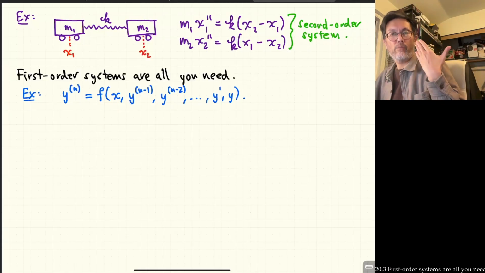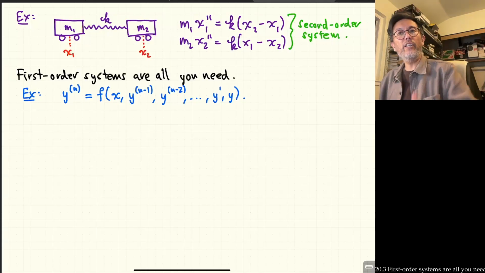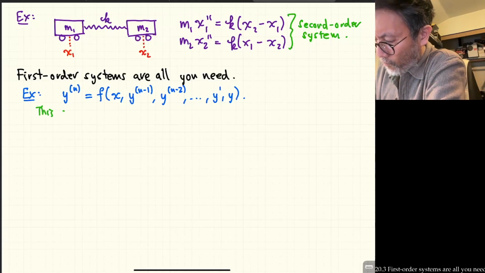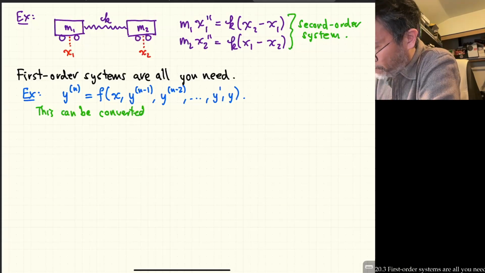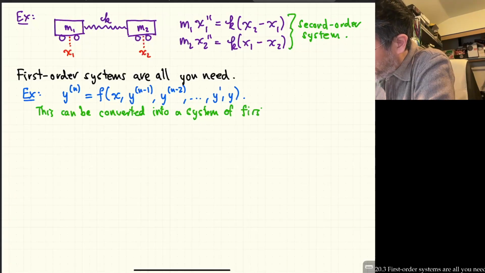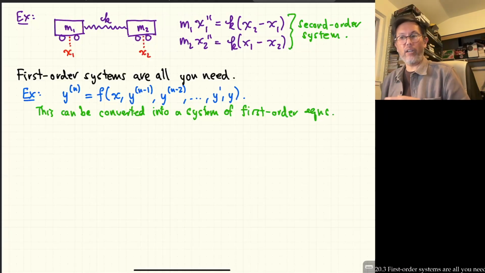So this is some crazy order n differential equation. My claim is that this can be converted into a system of first order equations, which, if solved, would give you a solution to the differential equation in blue here.